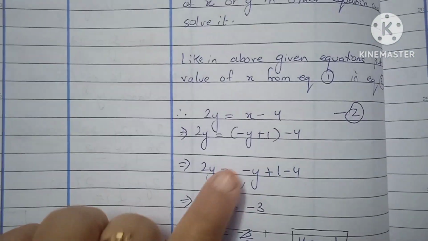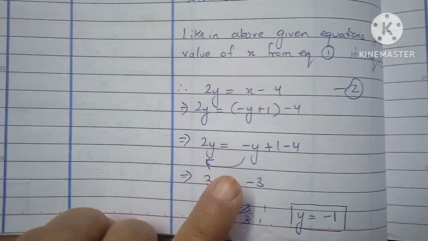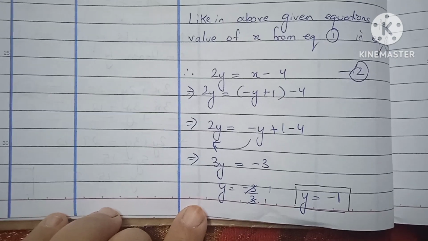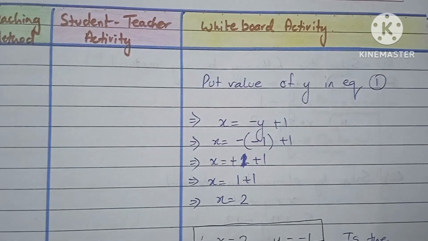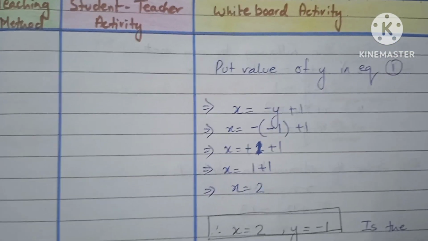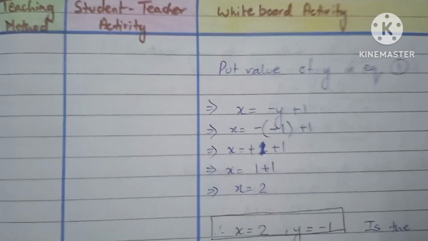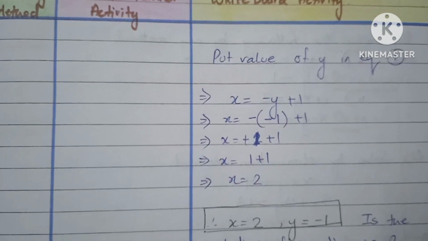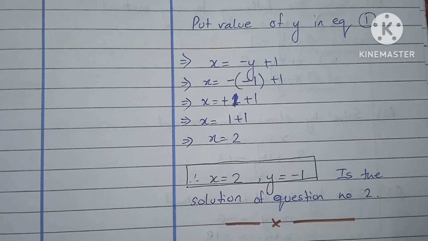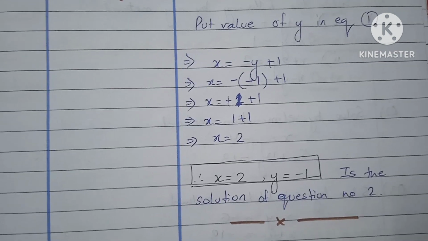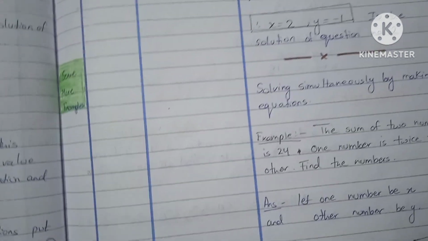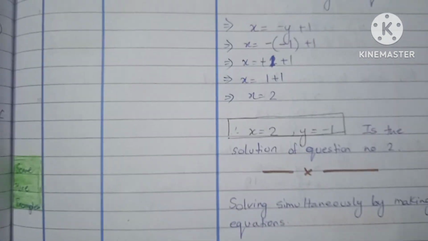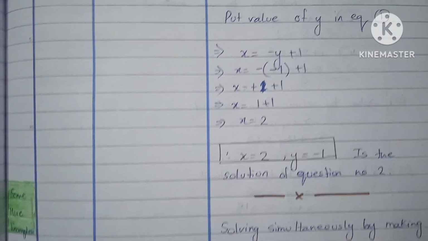This is what the teacher does, and she solves the question. We get the value of y is equal to -1. Substituting the value of y is equal to -1 in equation 1, we get x is equal to 2. So the solution of this equation is x is equal to 2 and y is equal to -1. This is how we solve the simultaneous equations.